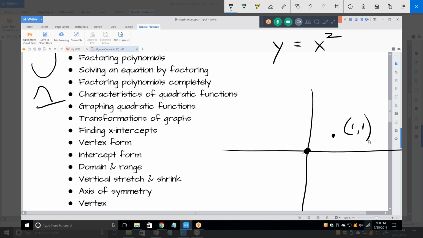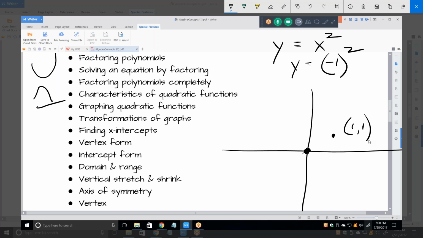Pick another value for x and make it negative. So it would be negative 1? Okay, what's y? Y is equal to negative 1 quantity squared. What's negative 1 times negative 1? 1.